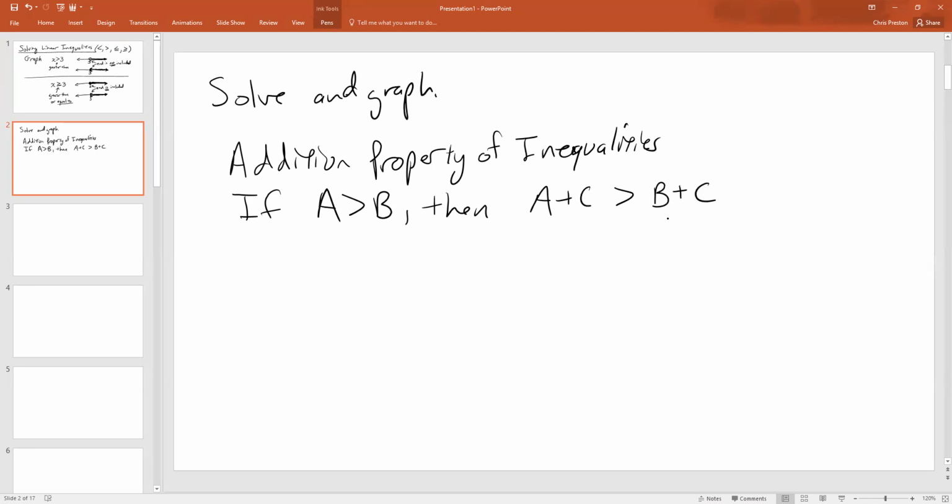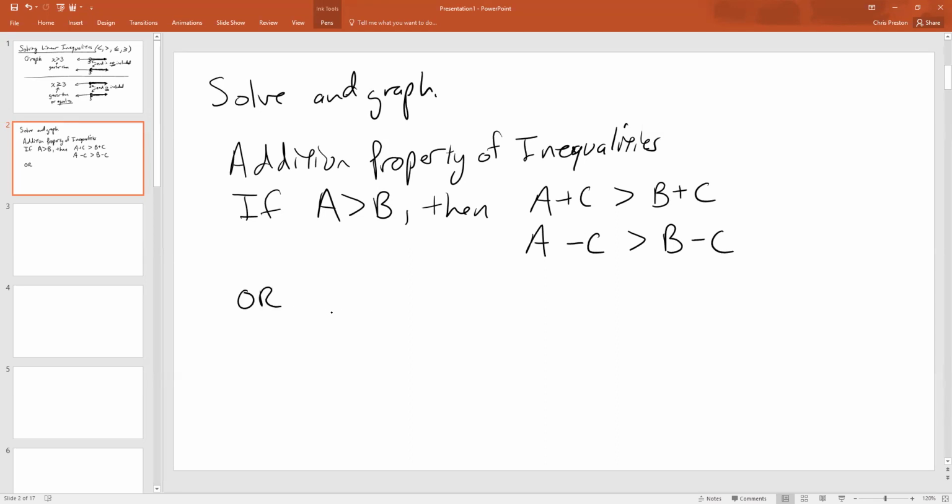You know, if Alan has more money than Barry, then if we give each of them $100, Alan is still going to have more money than Barry. Likewise, if we were to subtract the same amount of money from both of them, if we take $100 from Alan and $100 from Barry, Alan's still going to have more money than Barry.